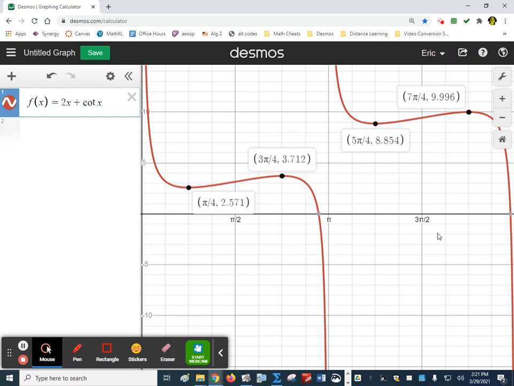If I wanted to make my sketch look more like this graph, let me get a picture of it.